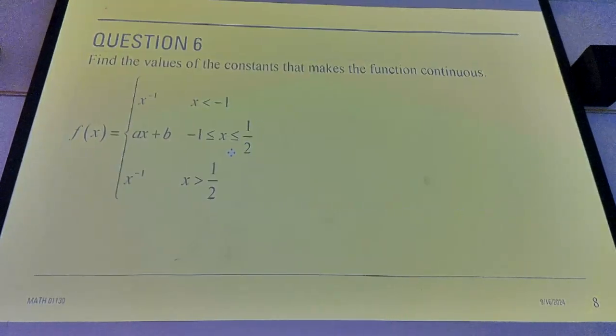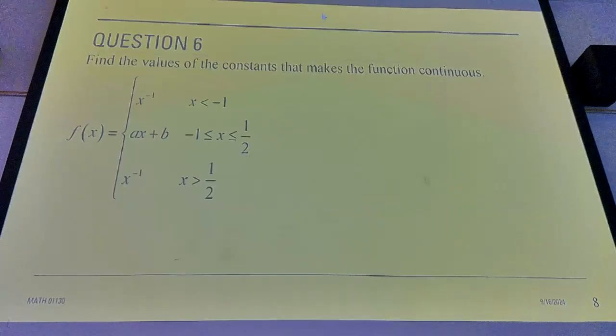Find values of the constants that make this continuous. So now the question is, are you going to fall for the same trick, or are you going to check before you do any work?